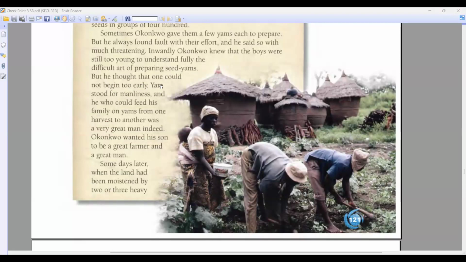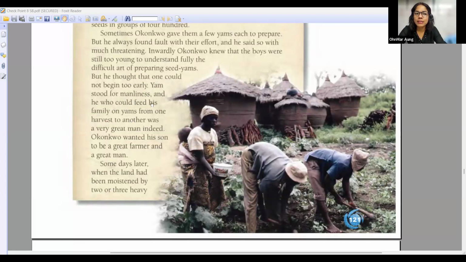But he thought that one could not begin too early, so choosing yams shouldn't be too hurried, because it's important. Yam stood for manliness in their society, in their tribe. Choosing yam is important.